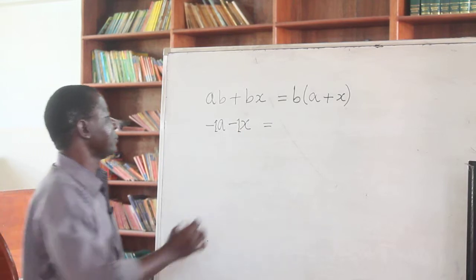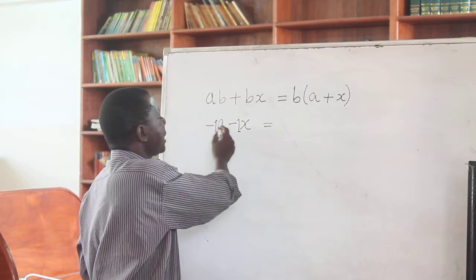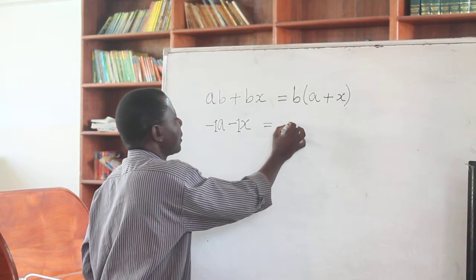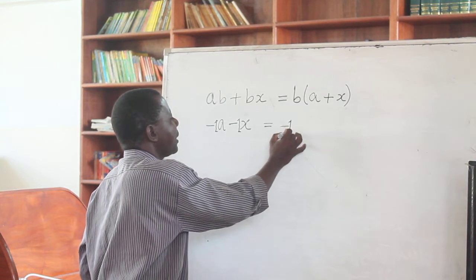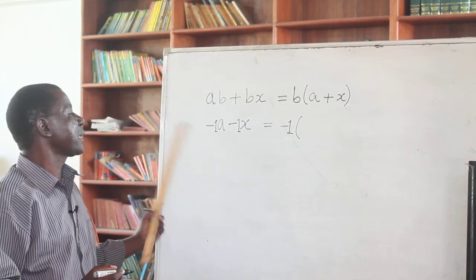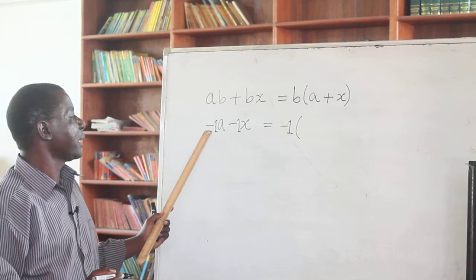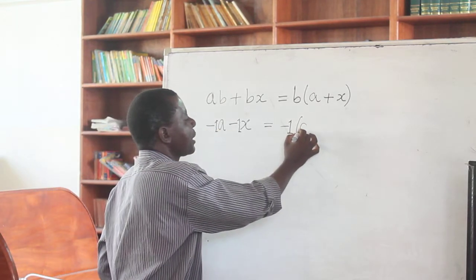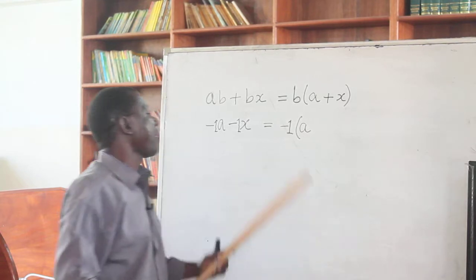So we can take that minus 1 outside the bracket. Inside the bracket for this, if we take the minus 1, then we are remaining with plus a, which we can write as a.